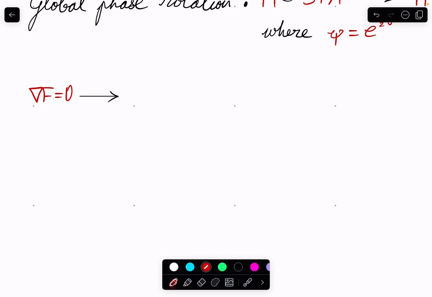Say we then take a global phase rotation of this field, then that's e to the negative theta over 2 pseudoscalar, gradient, then F, e to the theta over 2 pseudoscalar.